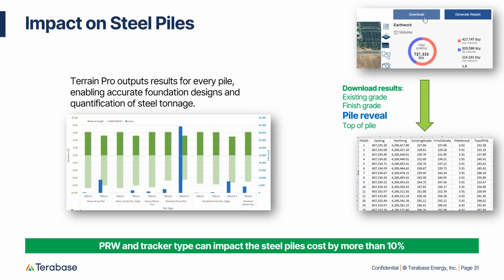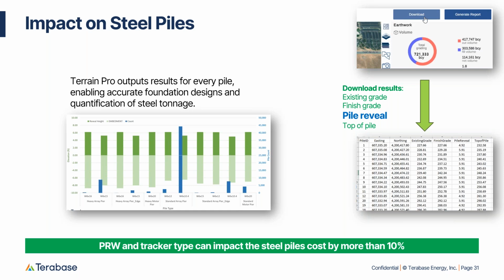We also wanted to mention that there is some useful information about piles that can also be obtained from Terrain Pro. I didn't show this during the demo, but pile data can be downloaded in CSV format showing the pile coordinates for every pile, the existing and finished grade elevations at each pile, and the pile reveal and top of pile measurements for every pile.